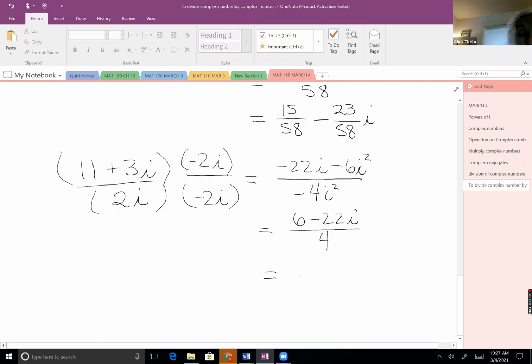Now we'll separate that into 6 over 4 minus 22 over 4i. And hopefully everybody recognizes that both of those fractions reduce. So that'll give me 3 halves minus 11 halves i.